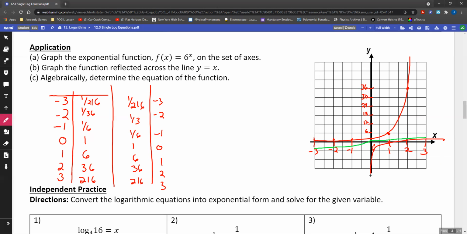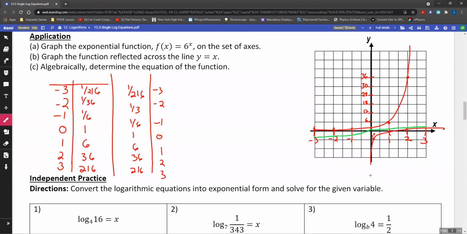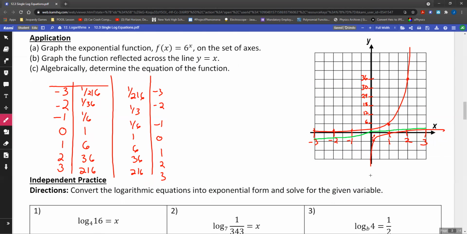Mainly, I couldn't think of a good scale to use, because 6 grows so quickly. But that's basically what you'd end up getting: a graph that goes in the first and second quadrant, and then over here you get a reflected line that goes between the fourth and first quadrant.